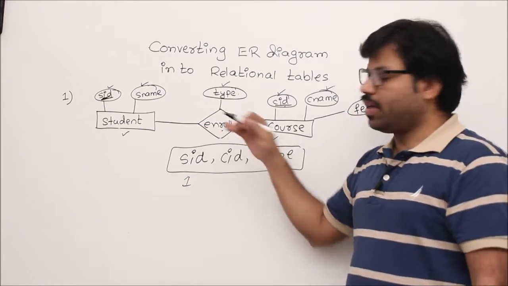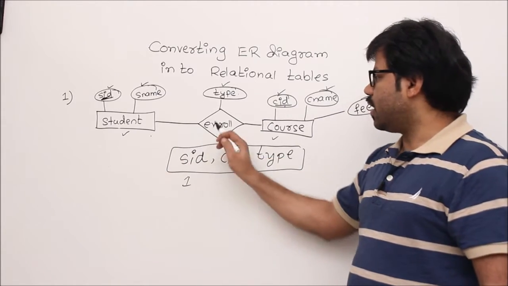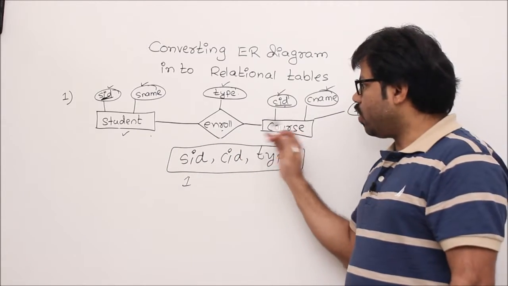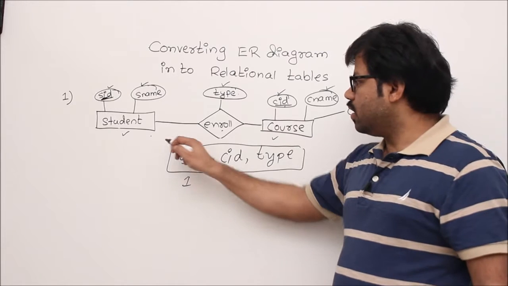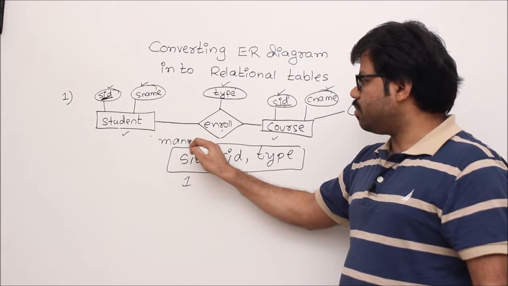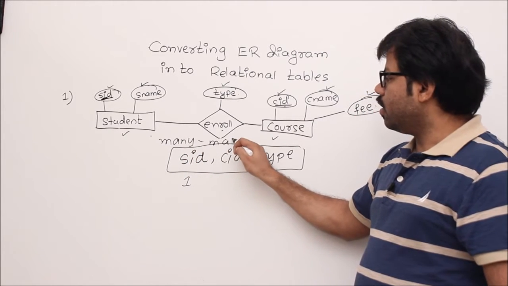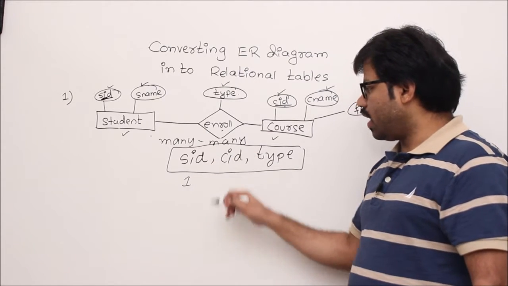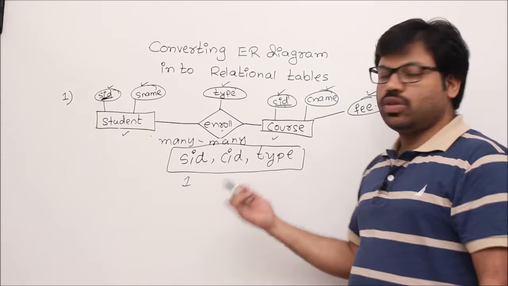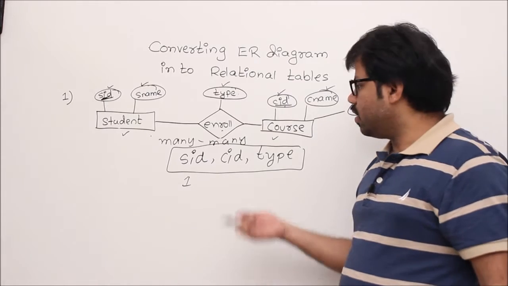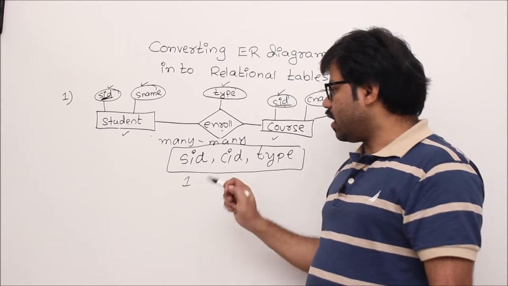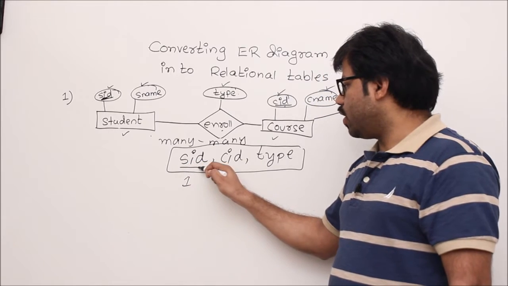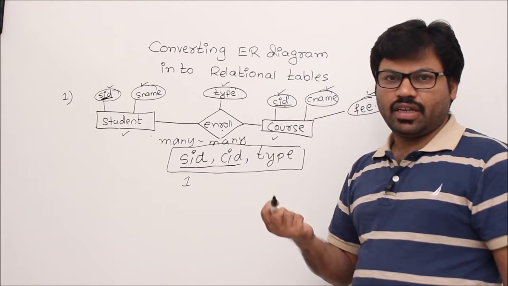I can say that mapping cardinality: every student is taking multiple courses and every course is taken by multiple students. Since this relationship type is many to many, student ID has to be repeated, course ID has to be repeated, but one student takes one course only one time, correct? So if that is the condition, then I can make student ID, course ID the primary key, correct?